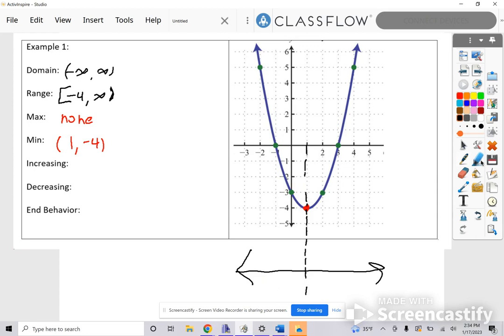On this left side here, I am decreasing. And on this right side, I am increasing. It's going down, it's decreasing; it's going up, it's increasing. So, decreasing, increasing, negative to positive. So from negative infinity to 1, I'm decreasing.